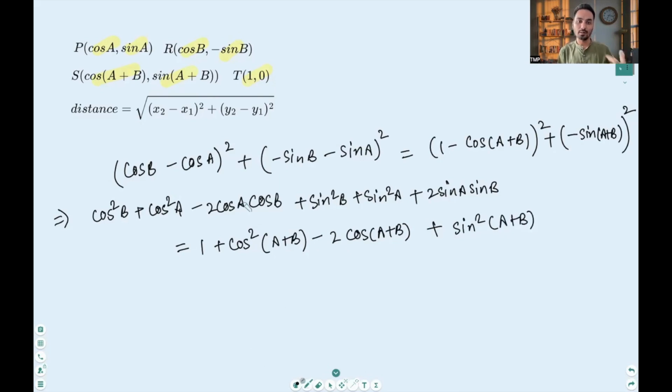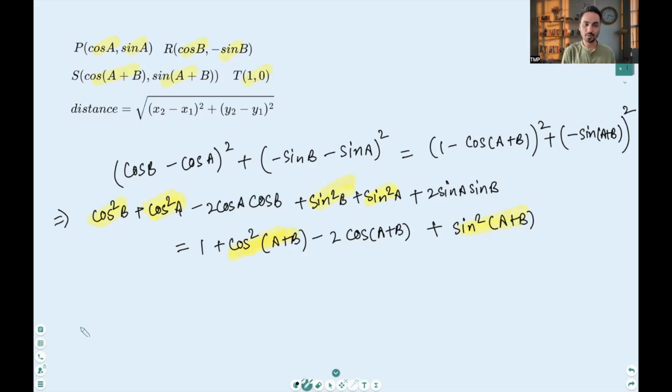Now, on the left-hand side, we have cos square A plus sine square A. We know that is 1. And cos square B plus sine square B is also 1. And on the right-hand side, cos square (A plus B) plus sine square (A plus B) is also 1. This is by using sine square theta plus cos square theta is 1.